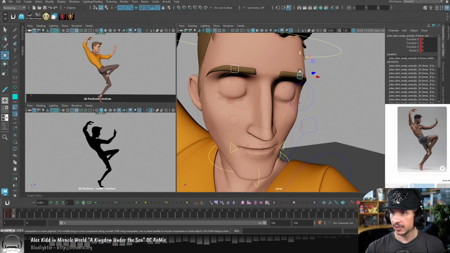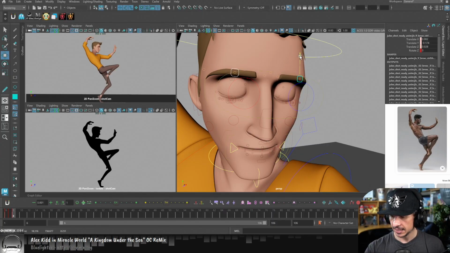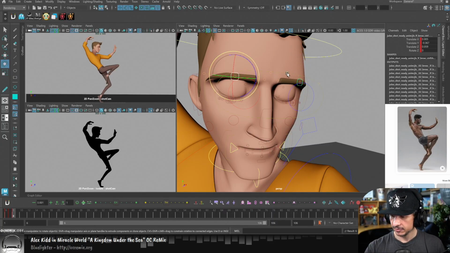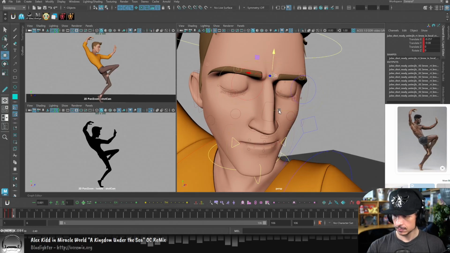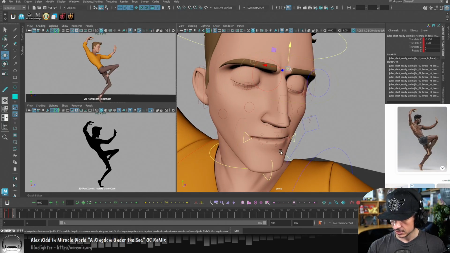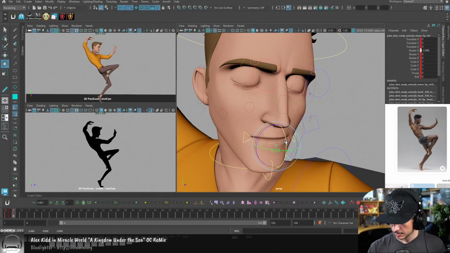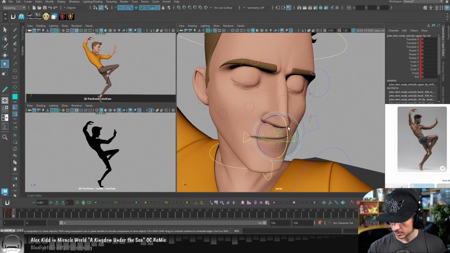I could take the brows. Let's bring them down a little bit, have him feel like he's focused in a little bit more, like he's concentrating. If he's concentrating, his mouth will tighten up, probably. So I'm just going to tighten up the lips.